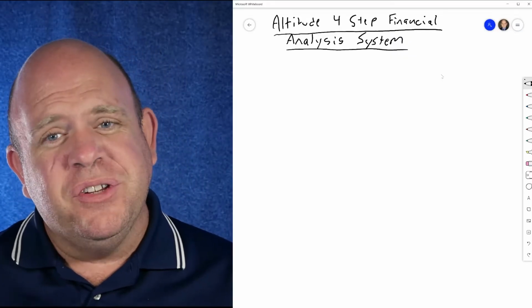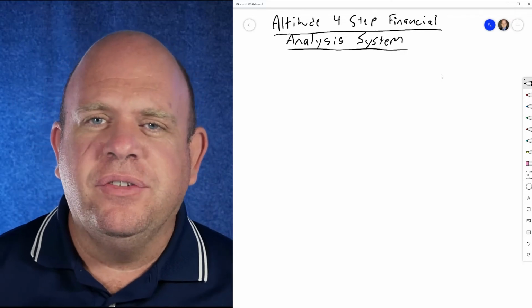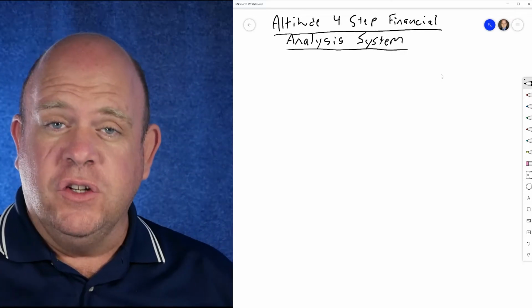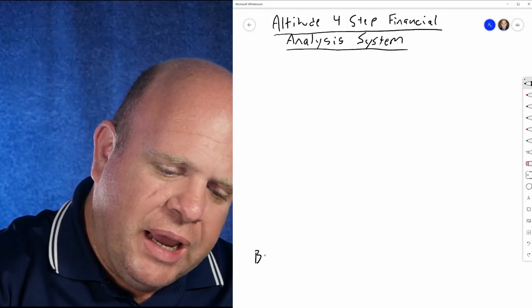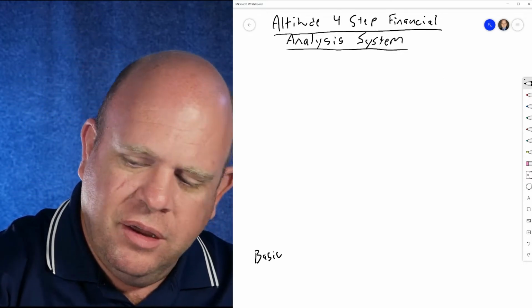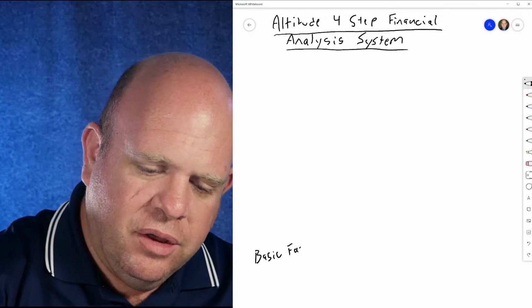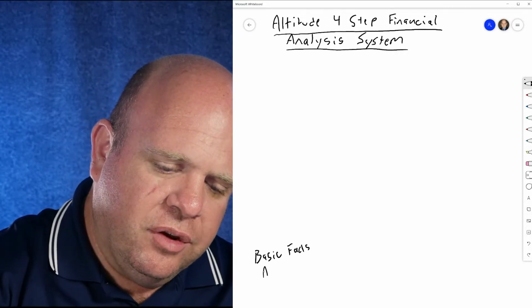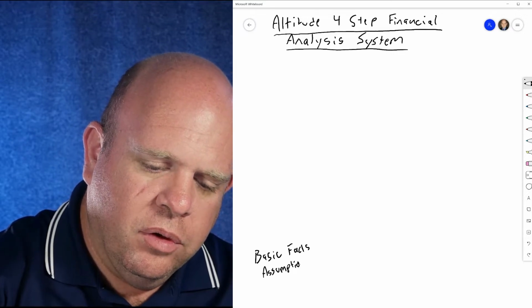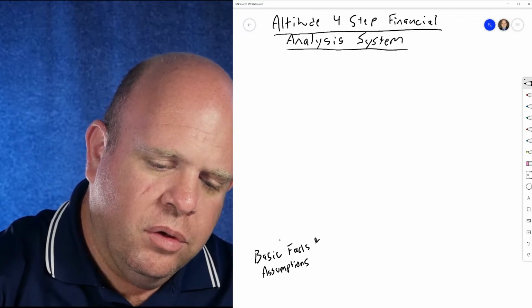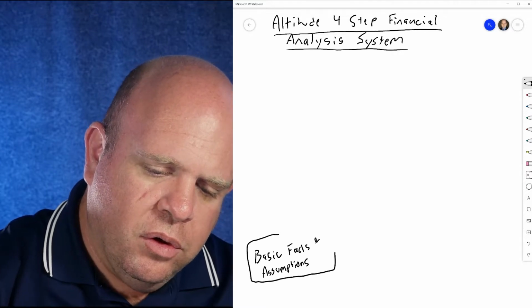So the Altitude 4-step financial analysis system is obviously broken into 4 steps. The first step is to understand what are basic facts and assumptions. Right?